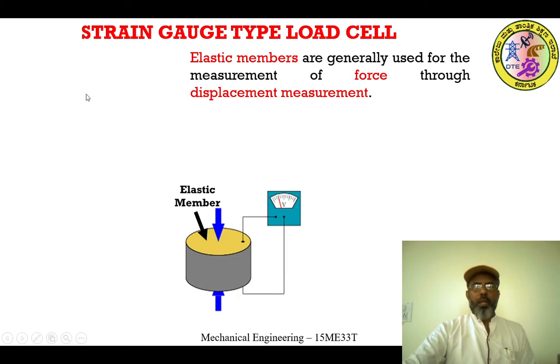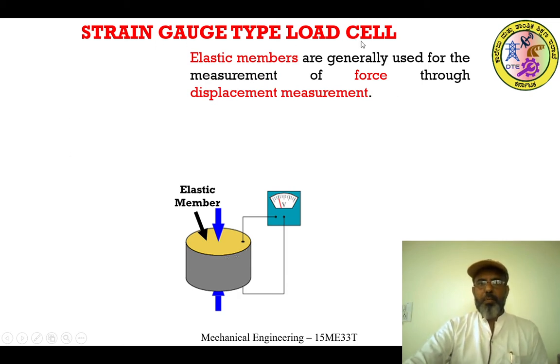Now, if you are to define the strain gauge type load cell, here the elastic members are generally used for the measurement of force through displacement measurement. In case of a strain gauge type load cell, the elastic member is generally a cylindrical steel column.